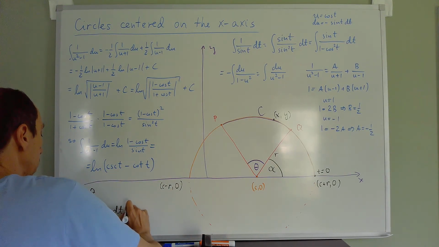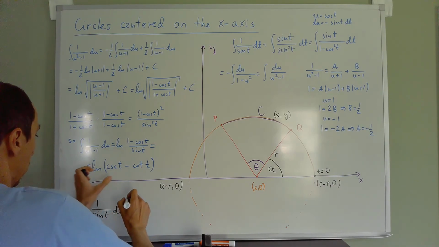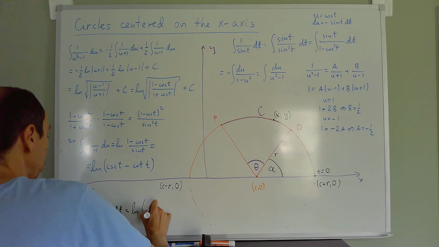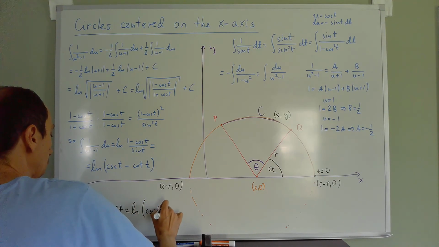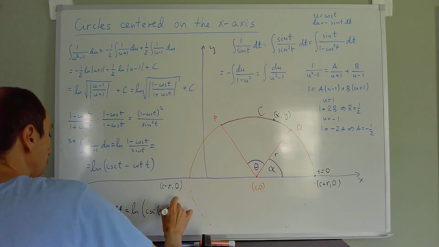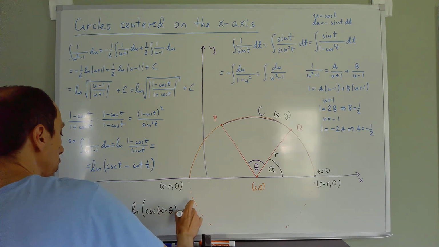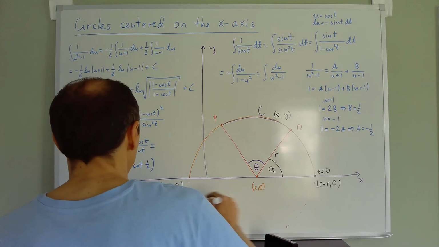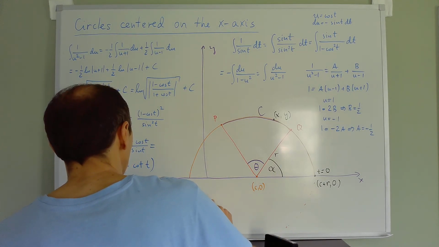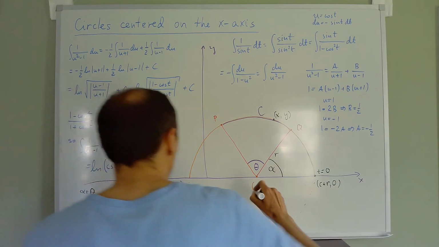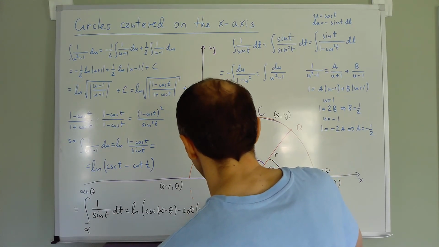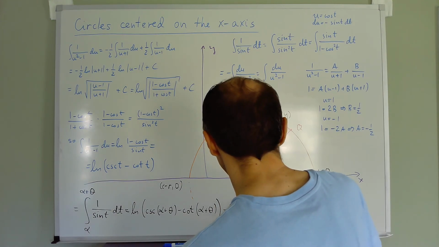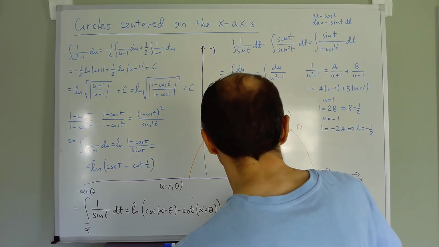So I get that this is natural log of cosecant of alpha plus theta minus cotangent of alpha plus theta minus the natural log of cosecant of alpha minus cotangent of alpha.